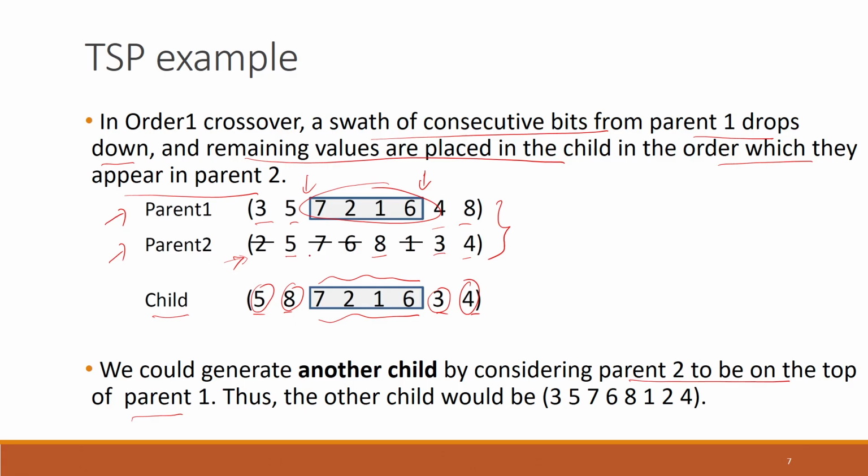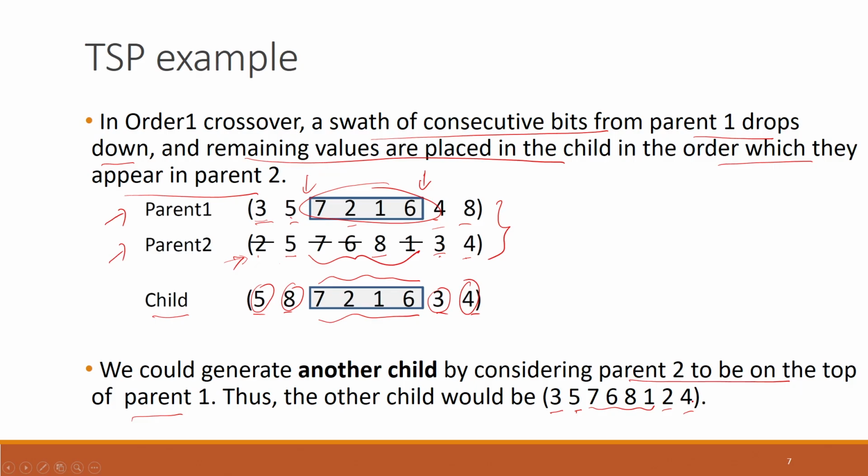This portion 7, 6, 8, 1 is put as it is from parent 2. Now we are yet to put 2, 3, 4 and 5. Let us look at the order in which they appear in parent 1. 3 comes first, so 3 has come here, then 5, then 2, 2 has come here, and then 4 here.